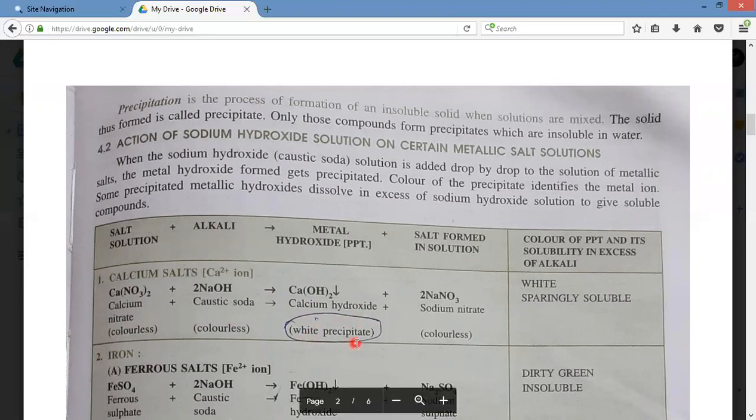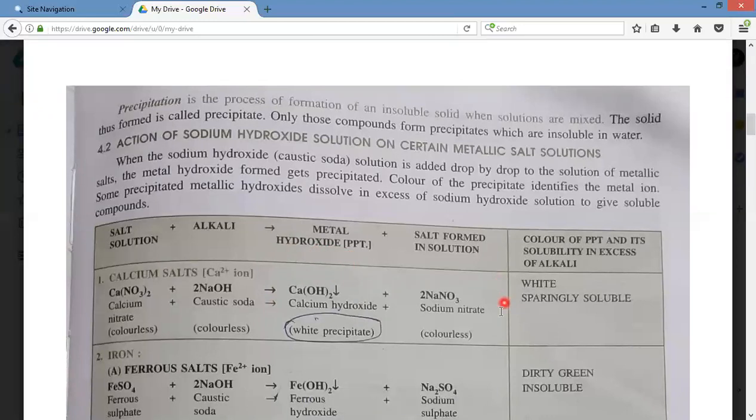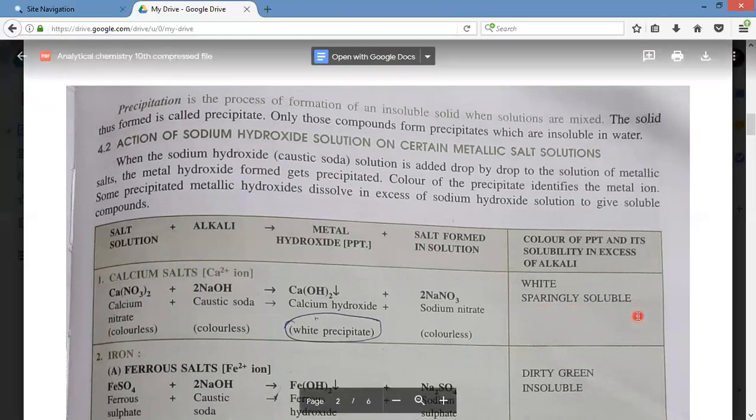Because it's a white precipitate, indicated with the solution sodium nitrate, which is colorless in nature. This is by drop by drop adding. And when we are adding an excess of the alkali, meaning the sodium hydroxide is being added in excess, then the white precipitate will be soluble, and a white soluble solution will be forming there.